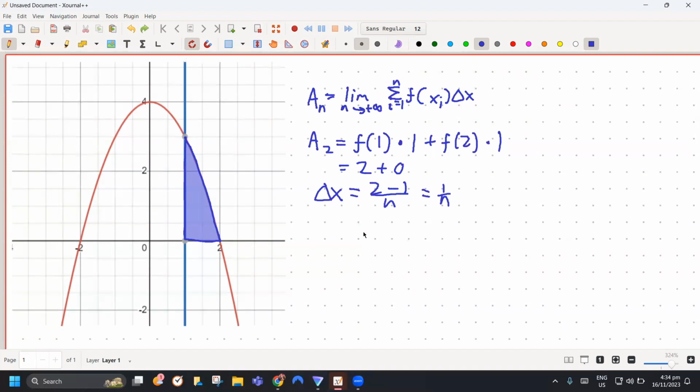Ano yung xi in terms of I and n? So when I equals 1, you should get 1. When I equals 2, you should get 2, for n equals 2.